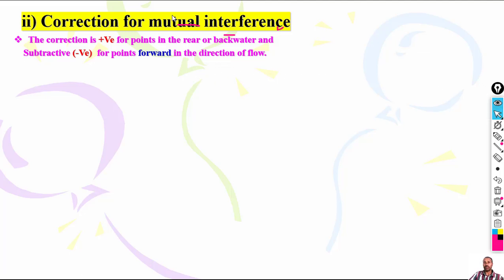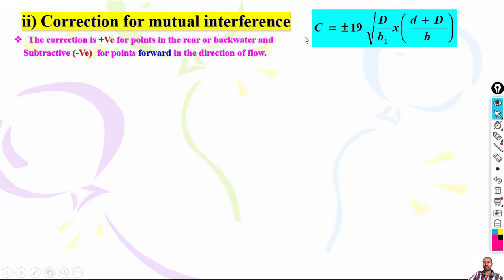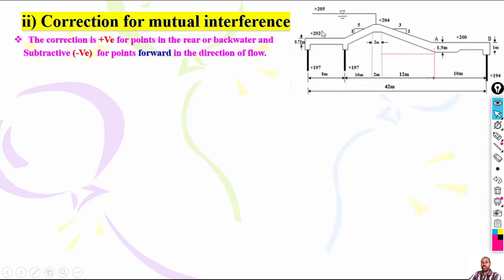So you have to identify the upstream and downstream sheet piles. Finally you have the correction for mutual interference. This is the general equation: plus or minus 19 square root of D over b1 times (D plus d) over b, where capital D and small d I will explain later.